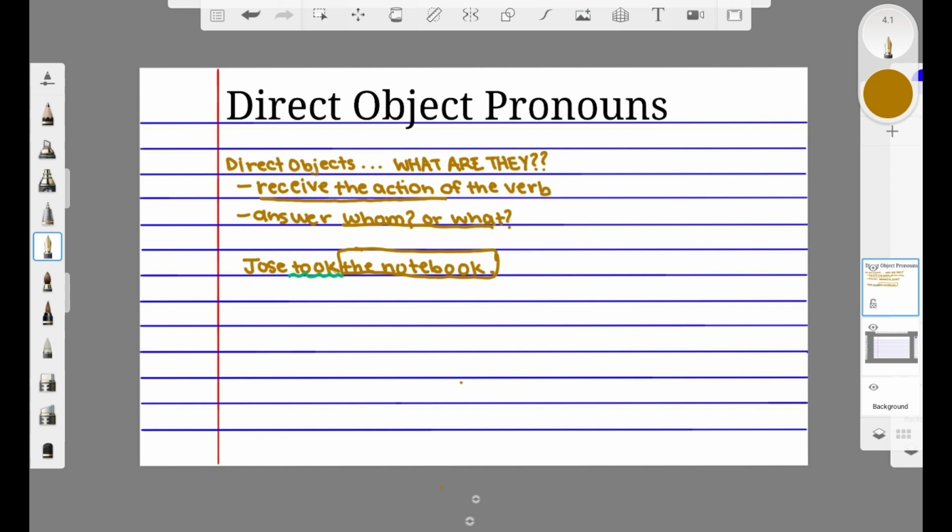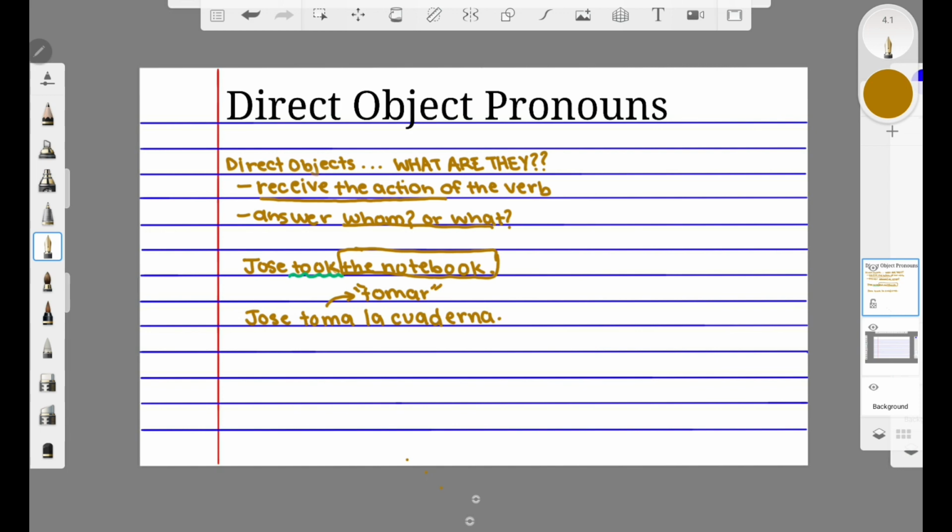So now if we were going to look at a Spanish example, Jose toma la cuaderna, basically the exact same thing as the previous sentence, but toma is the conjugated form of the verb tomar, which means to take.